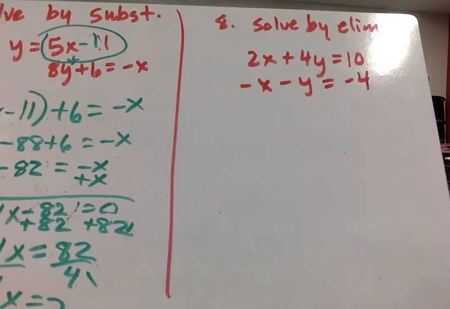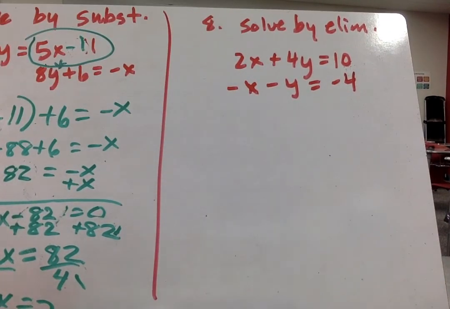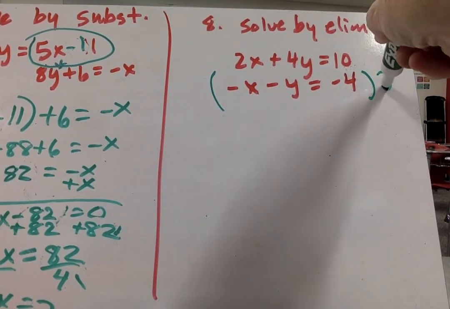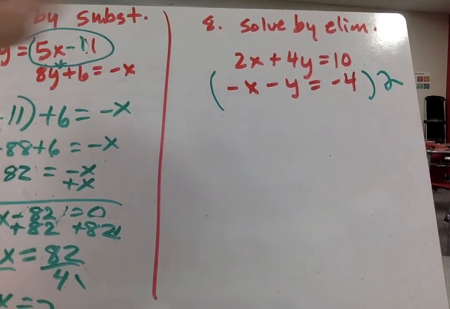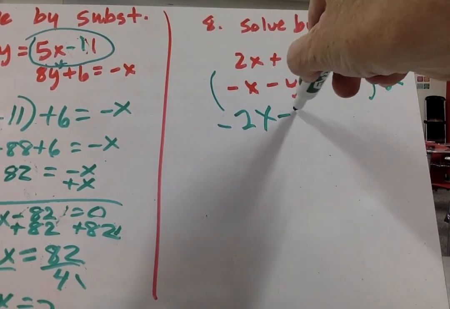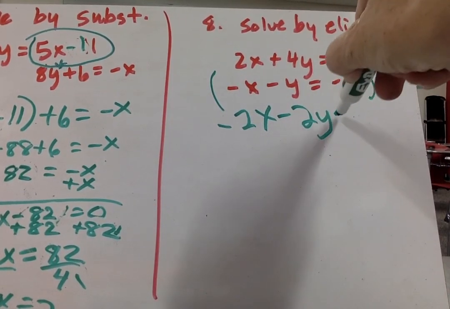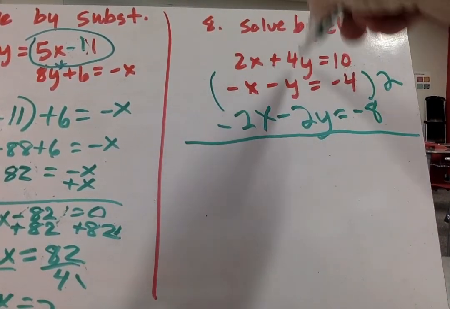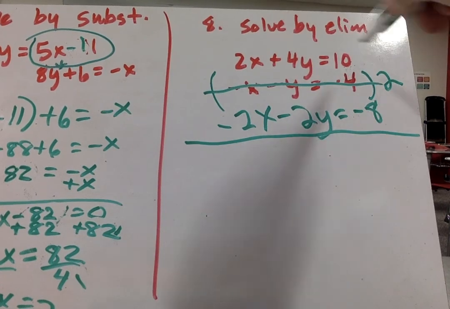Okay. Going on to this one, solve by elimination. Okay, so I need opposites. So I'm going to go ahead and multiply this by 2 so that I can get a negative 2x. So I do that. I get negative 2x minus 2y equals negative 8. I'm going to add that straight down. I'm going to cross that one out.